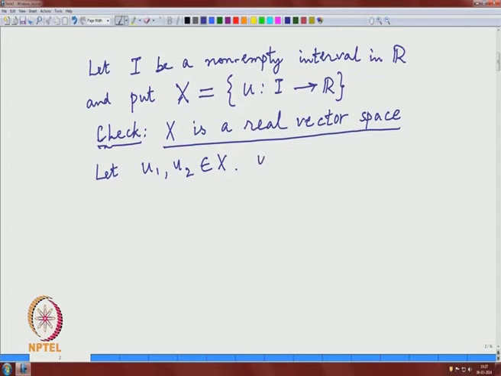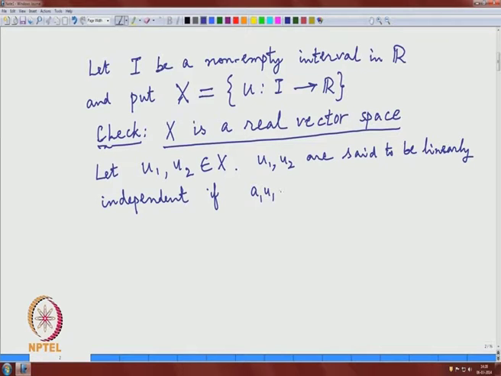So, u1, u2 are said to be linearly independent if a1 u1 plus a2 u2 equal to 0 implies a1 equal to a2 equal to 0.